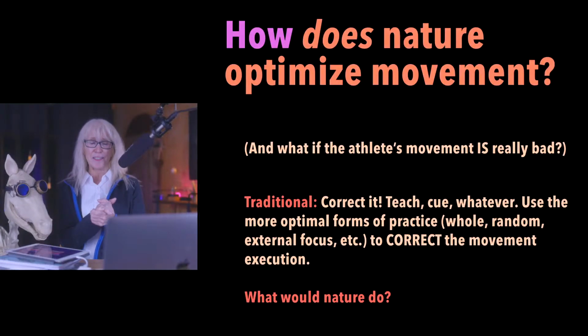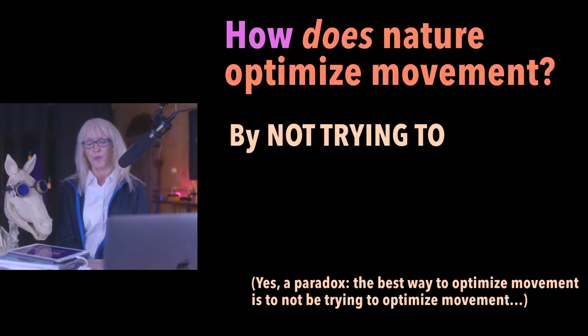Back to something that is either more biomechanically optimal for this particular sport movement, or in the equestrian world, it's often what we will call healthy, but which actually isn't, because that's not the definition of healthy movement any longer, unless you're in that biomechanics, I'm going to call it old school realm. So what would nature do? Answer, how does nature optimize movement? It does it by not trying to optimize a movement.